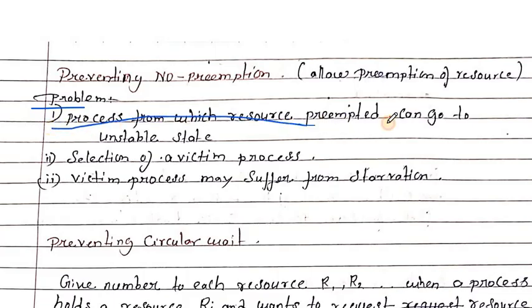The process from which the resource is preempted can go into an unstable state. If any process is holding a resource and using it, and a higher priority process comes and forcefully snatches the resource access, then the resource-using process will be unstable.